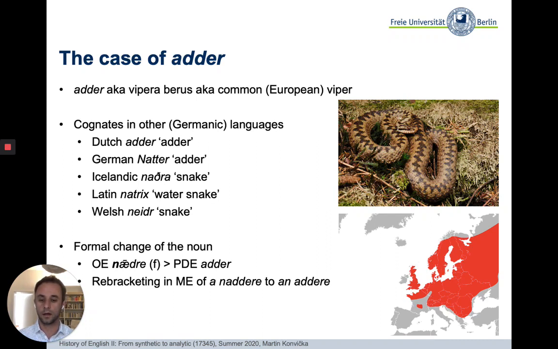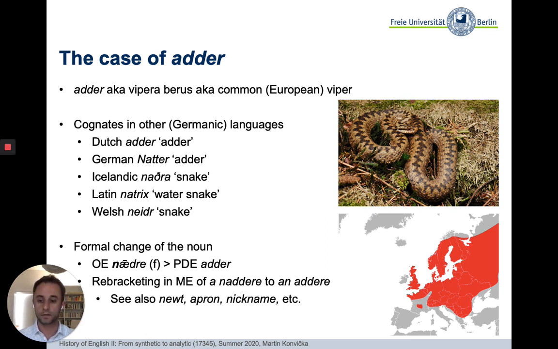And you might think, okay, well, that's actually quite extraordinary. It's not really the case, because the same thing actually happened to the word apron. Apron was originally also "napron," and the N shifted from the noun to the article.